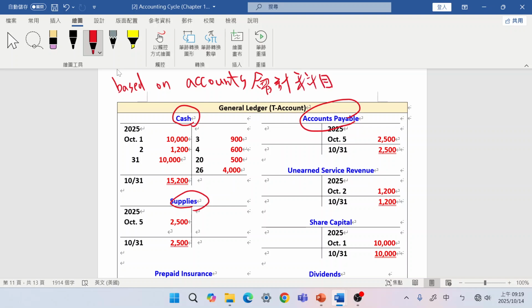So after this, we know any questions we could answer managers, right? What if manager asks, hey, how much money, the cash, we have right now? You can say, oh, let me check our second book, cash, right now on the last day, October 31st, we still have a cash, $15,200. Okay? Any questions? No?